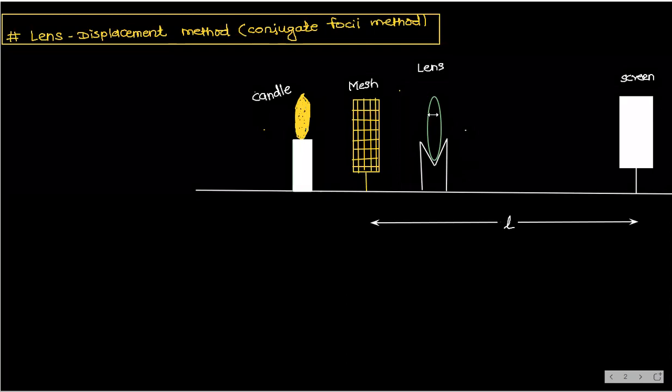Mesh plate, mesh means jali. We are using this so that whatever image we are getting on the screen, it should be clear.